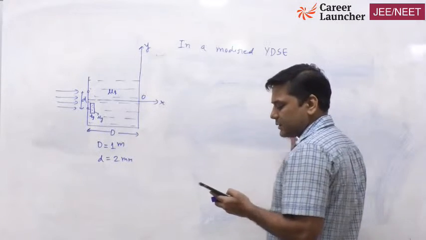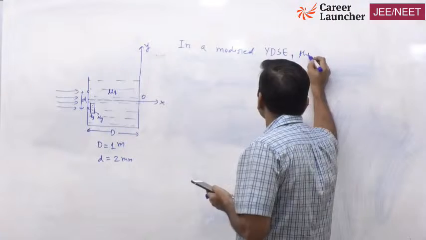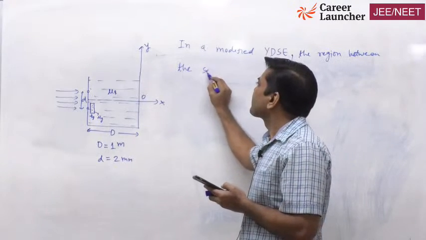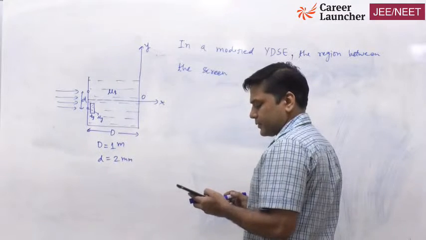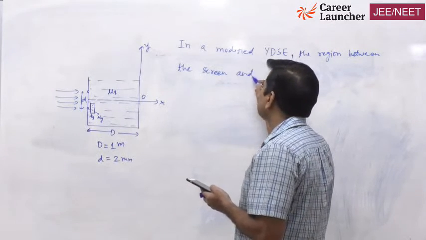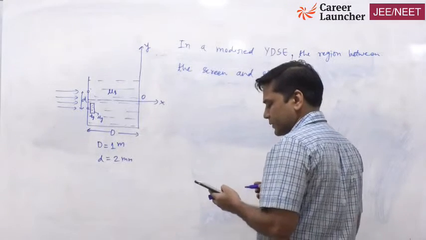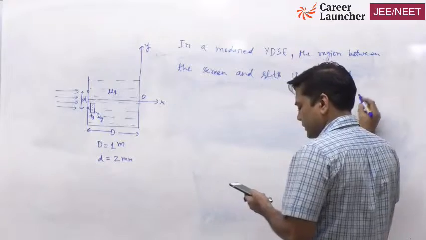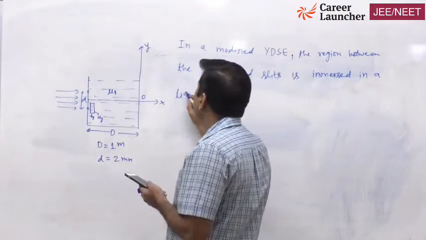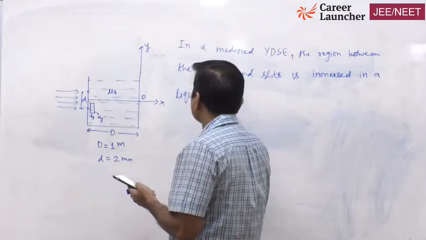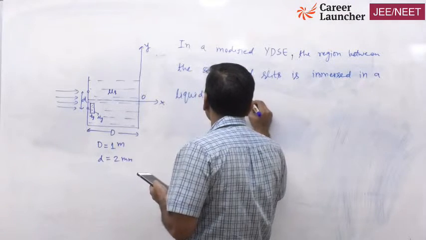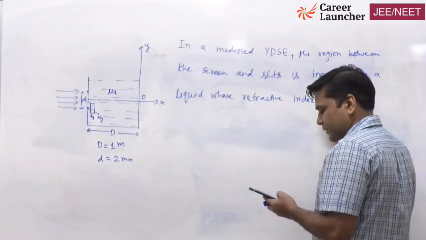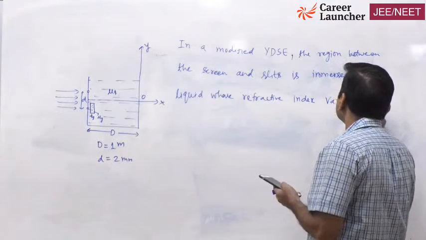In a modified YDSE, the region between the screen and slits is immersed in a liquid whose refractive index varies with time.